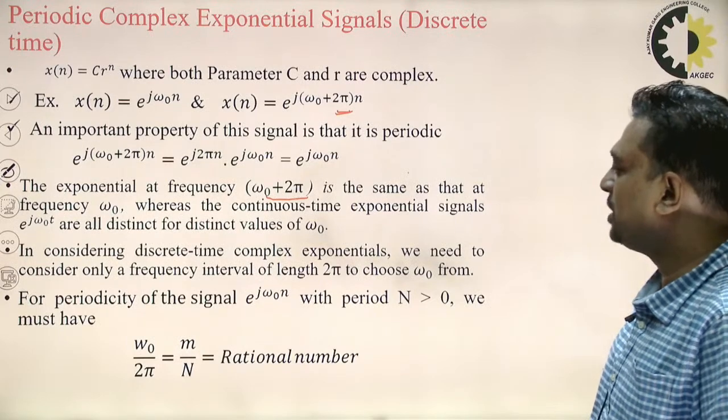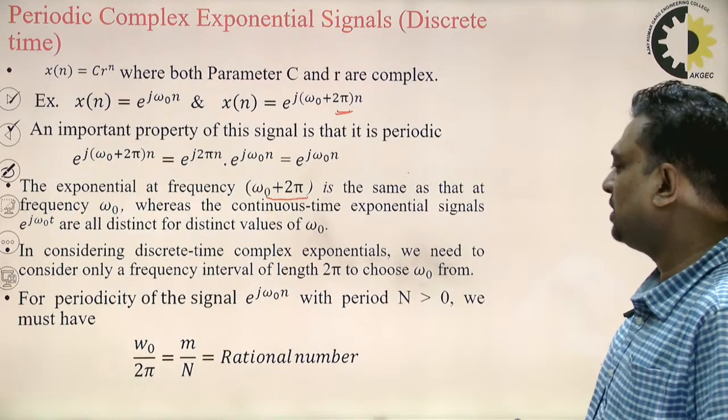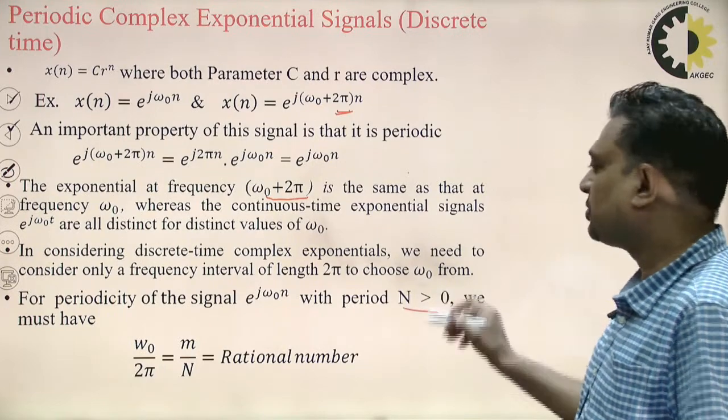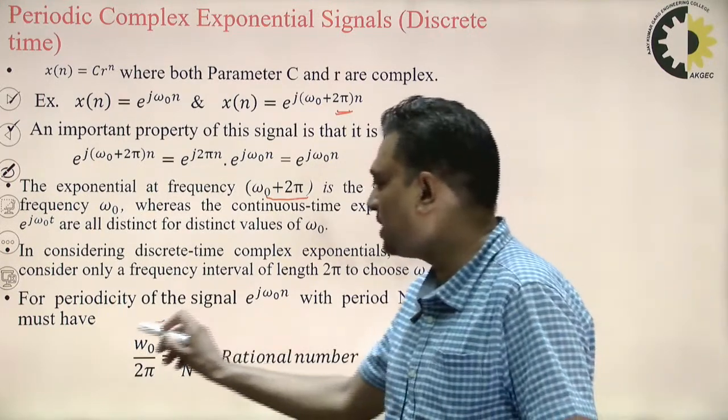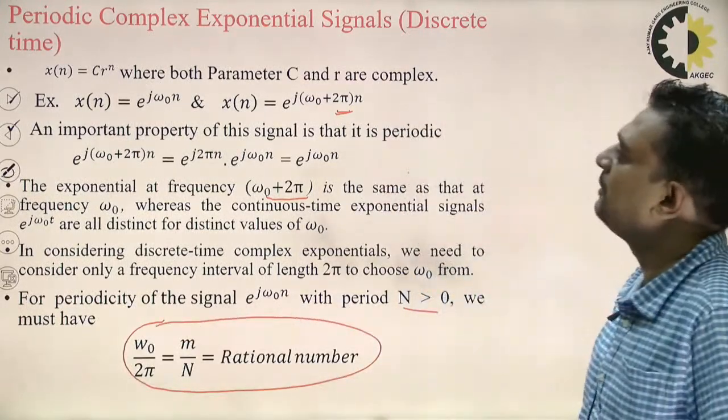And for periodicity of the signal with period N greater than 0, we can write omega naught upon 2 pi equals m by N. So it needs to be rational.